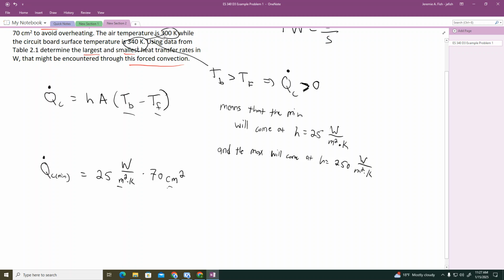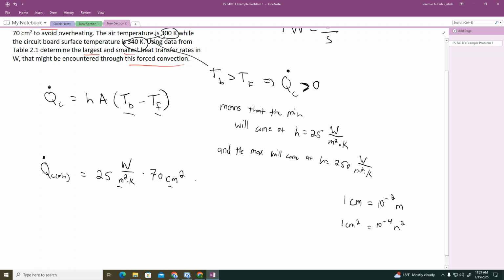So we need to do a conversion. Recall that 1 centimeter is equal to 10 to the minus 2 meters. And that means that 1 centimeter squared, if I square both of these things, is equal to 10 to the minus 4 meters squared, because 10 to the minus 2 squared is 10 to the minus 4.